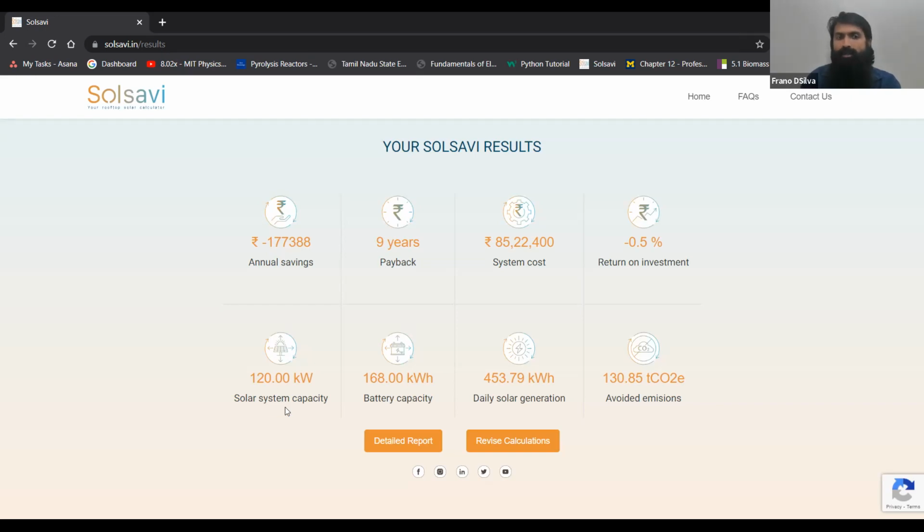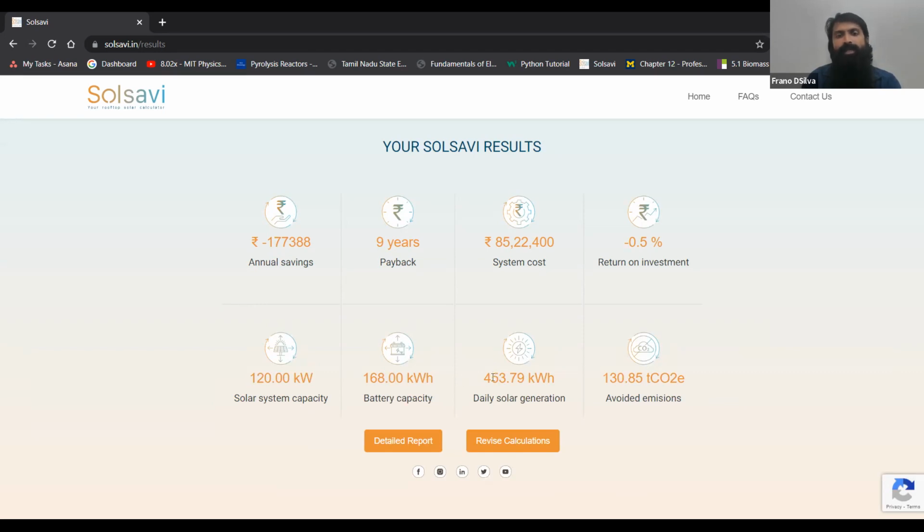We have the solar system capacity suggested to us at 120. That is the maximum possible solar capacity, because our maximum capacity is restricted by our sanction load. If you remember, the sanction load was 120. The optimized system suggests a maximum solar capacity of 120 with a battery capacity of 168 kilowatt hours.